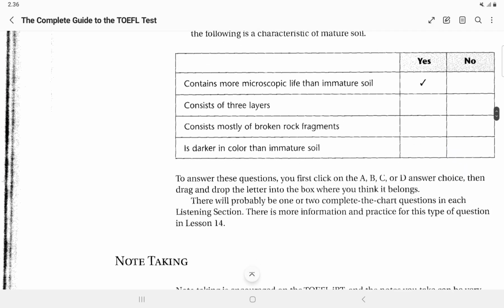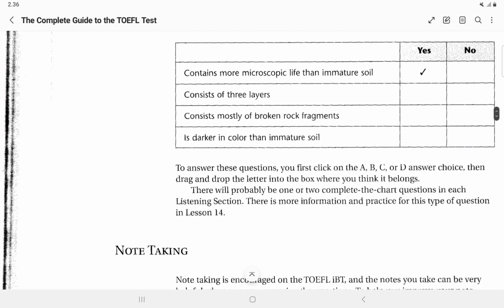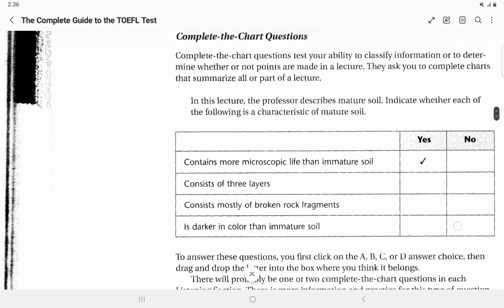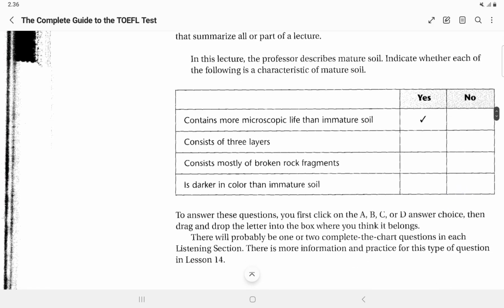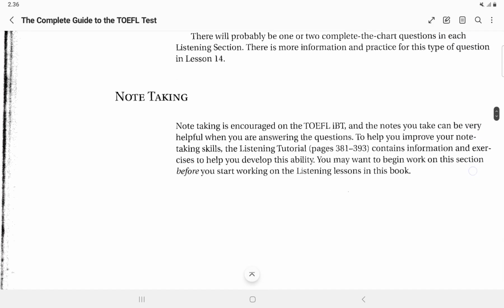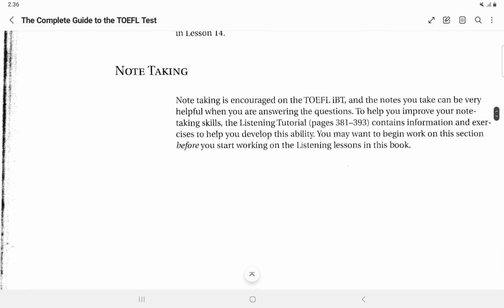To answer these questions, you first click on the A, B, C, D answer choice, then drag and drop the letter into the box where you think it belongs. Note taking. Note taking is encouraged on the TOEFL iBT, and the notes you take can be very helpful when you are answering the questions.